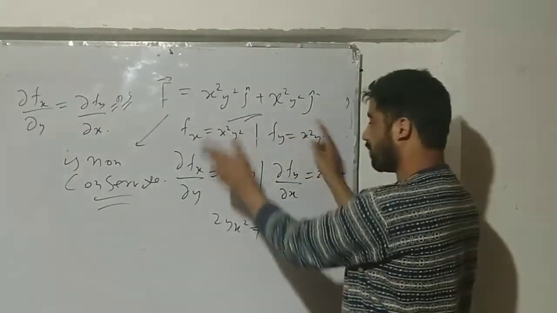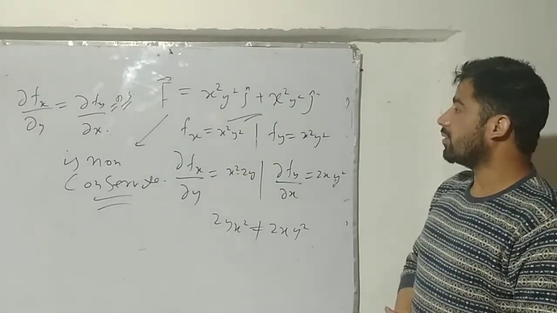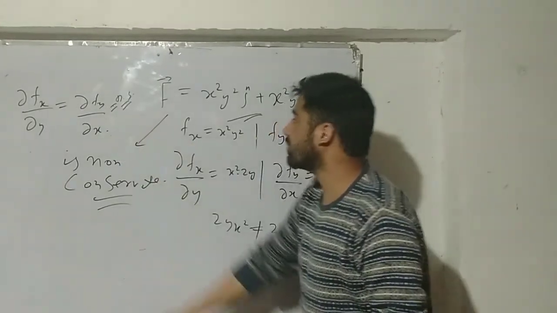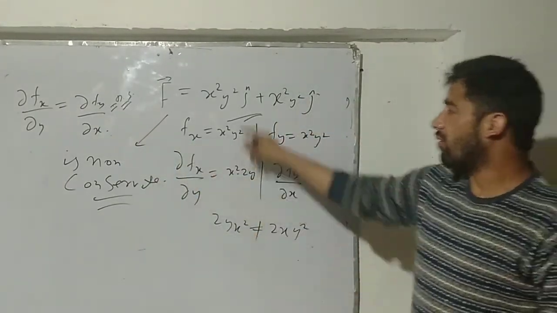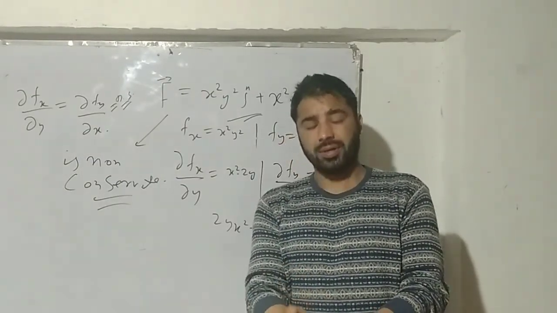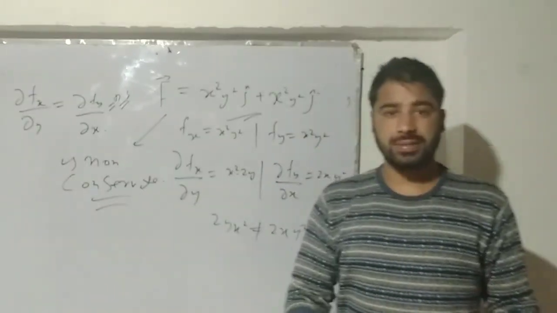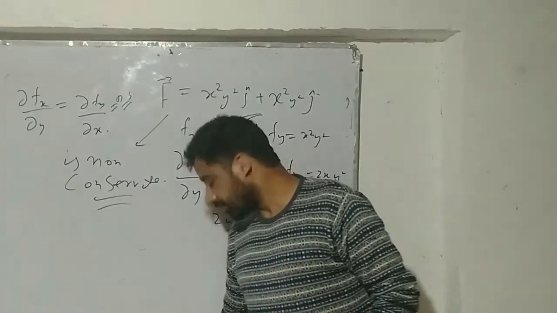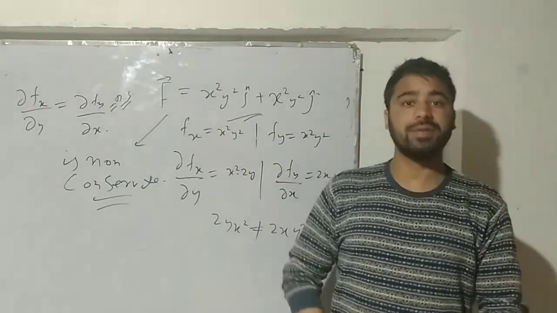Why so? Because we found the partial derivatives, and this condition is not going to be satisfied. We can safely say our force expression is not conservative. So this was some key idea about the conservative force. Okay, so this was all about this. Thank you.